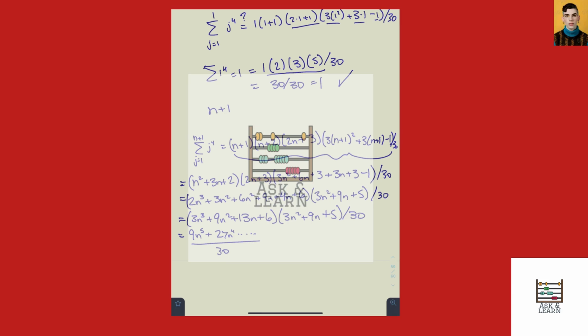And ultimately, once we multiply all these things out, we see that this is the same thing as if we were to take n plus 1 to the 4th and add it and take the summation of that with all the other values. So for that reason, we see, based on the base case and the n plus 1 case, using mathematical induction, we see that the equality holds true whenever n is a positive integer.